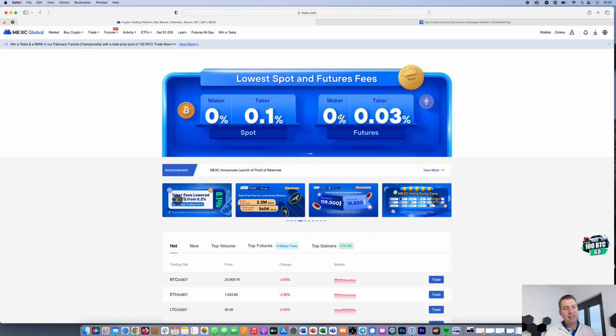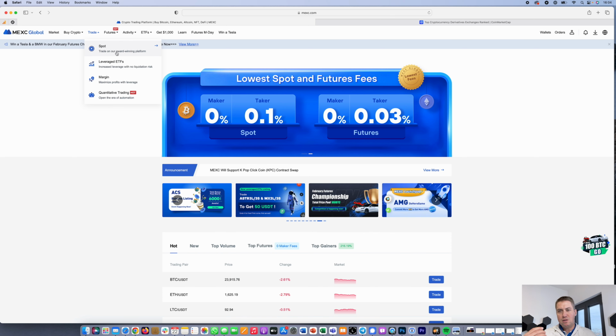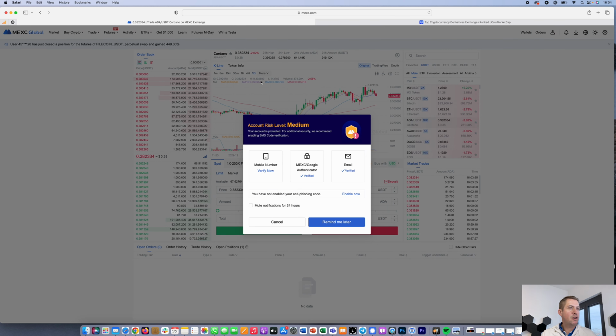So that's it. Once you have money in your account, the first thing you can do is trade cryptocurrencies. So if you want to buy a cryptocurrency and hold it or withdraw it from the exchange, you can do that on spot trading. And here you can basically select your trading pair.